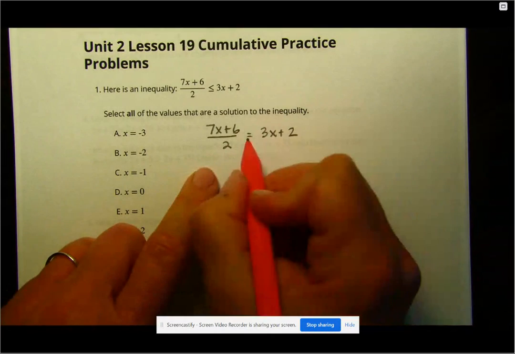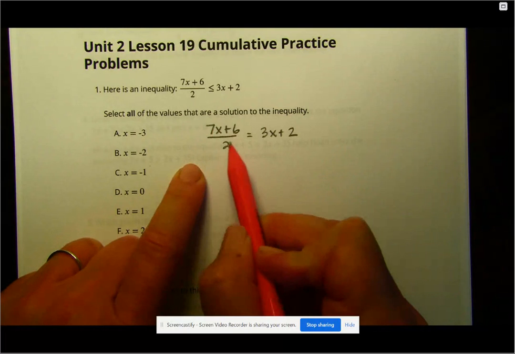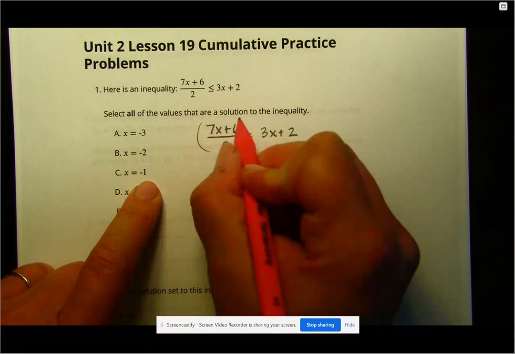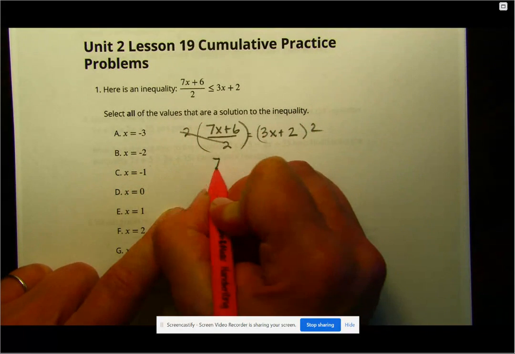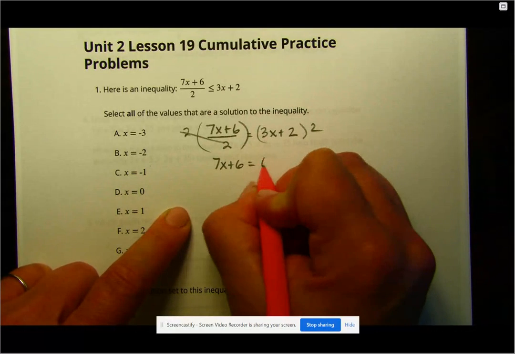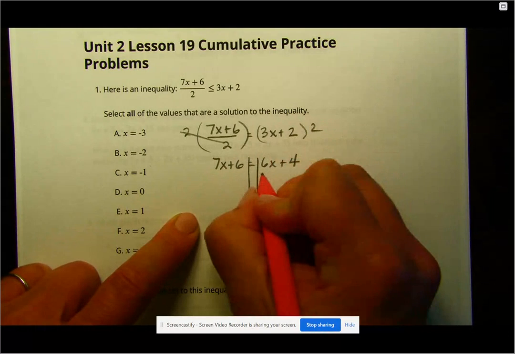If we want to solve for x, let's first clear this fraction or get rid of this division by 2. Multiply both sides by 2. Double the right side, 6x plus 4. Now solve, variables on both sides.